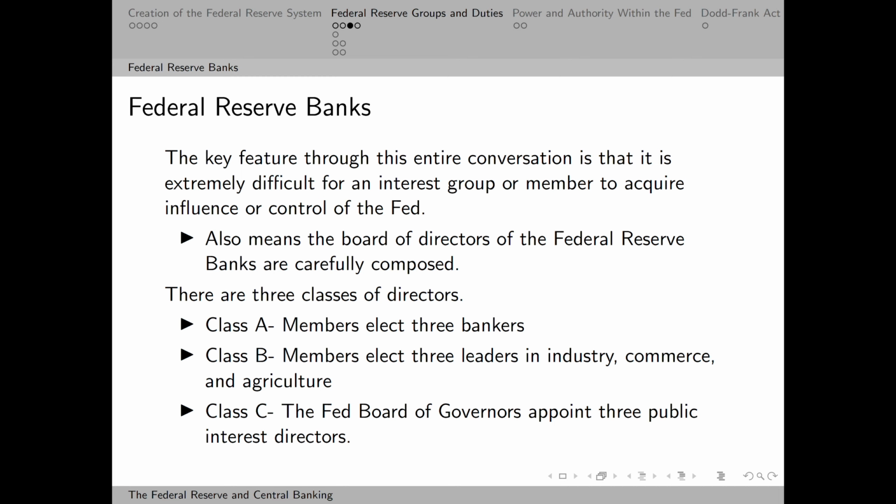Class B has three leaders in industry, commerce, and agriculture. And Class C has three public interest directors. So, for example, with Class A, you may have a vice president at Morgan Stanley or something like that. In Class B, you could have the CEO of United Airlines, something like that. Or in Class C, you could have a humanitarian that leads some sort of charitable organization.